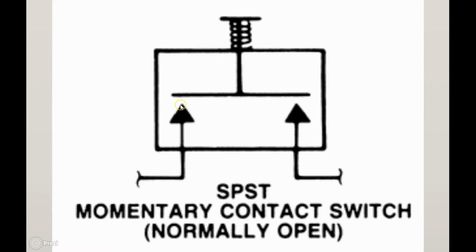When this is pulled down, then current flows across the T over to this side and out. It has a spring here to indicate that when you let go, then this upside down T comes back up and current stops flowing through the switch. An example of this switch is a brake light switch or a horn switch.